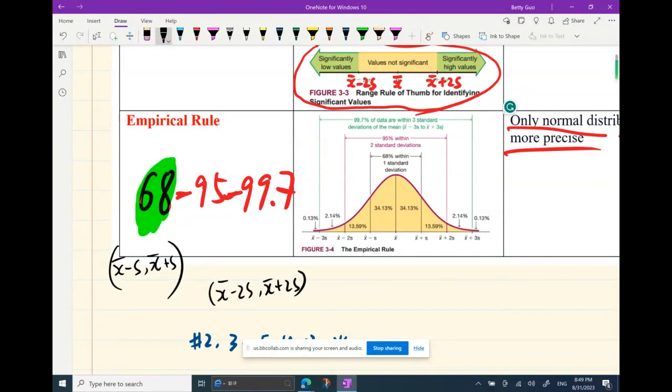That part is consistent with the range rule of thumb. And we have 99.7%, almost all the values, within 3 standard deviations from the mean. So x bar minus 3s to x bar plus 3s. I'm using interval notation.